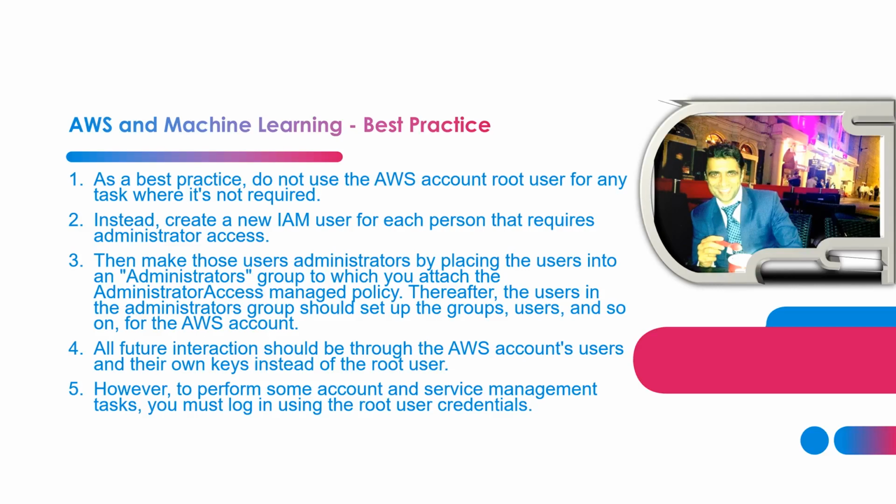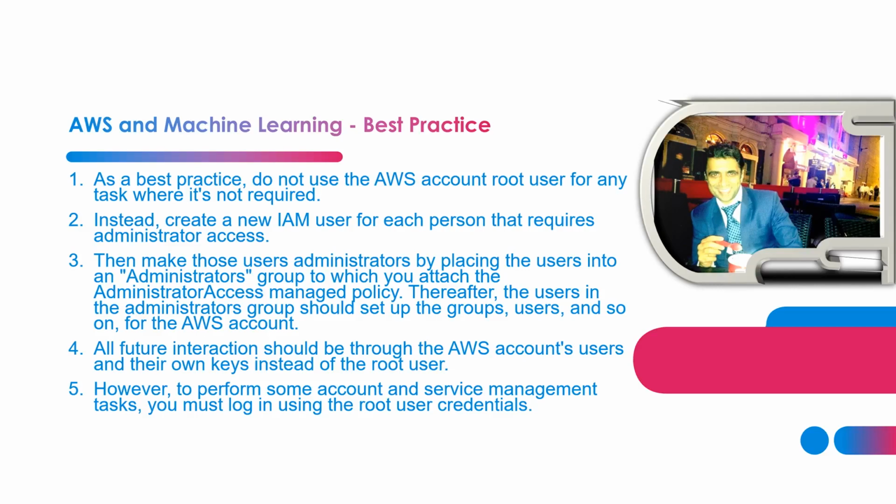Before we begin, I would like to give you some best practice. As a best practice, do not use the AWS account root user for any tasks where it's not required. Instead, create a new IAM user for each person that requires administrator access.